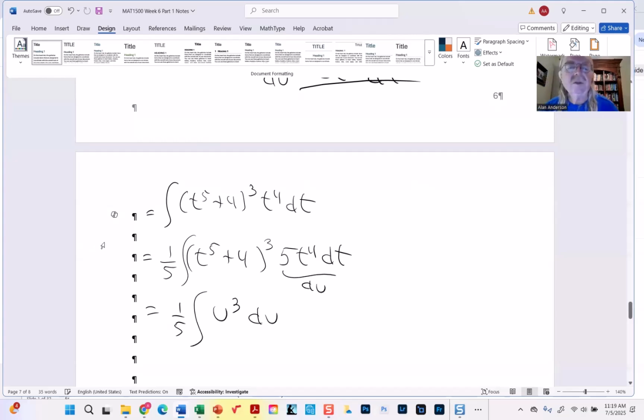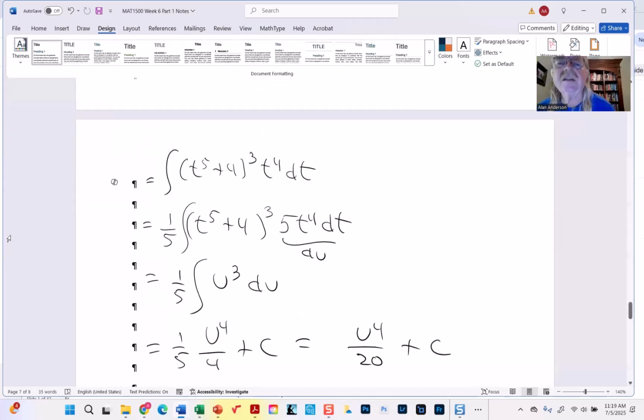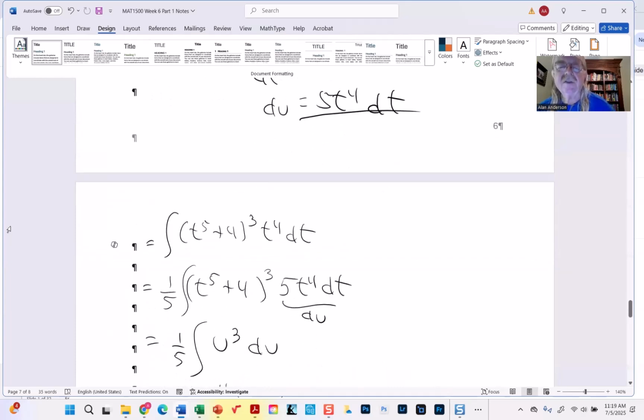Okay, so then we use the power rule on the u. And now, of course, since this is an indefinite integral, we need the C. And of course, u was defined as t to the fifth plus 4.